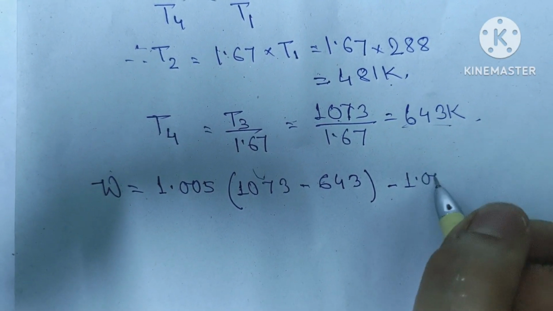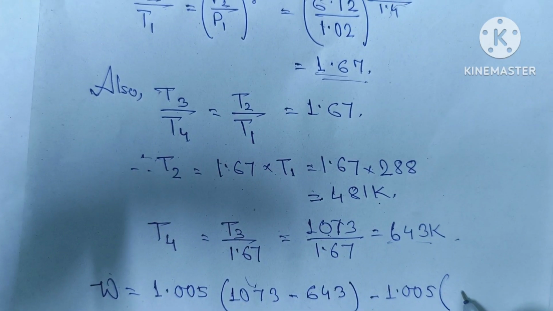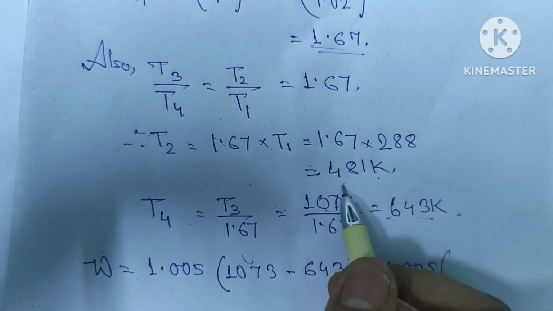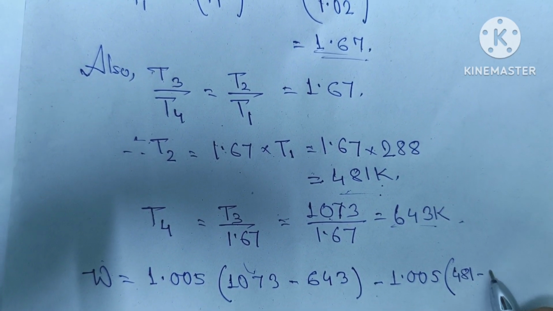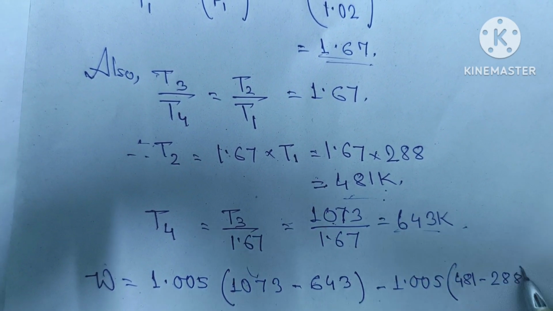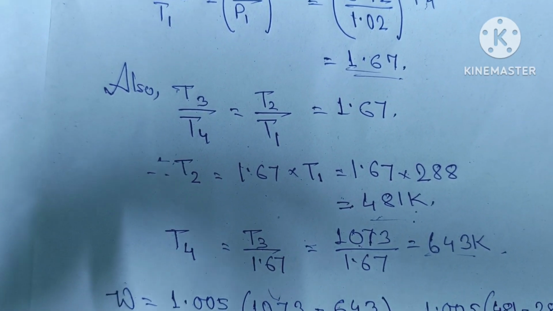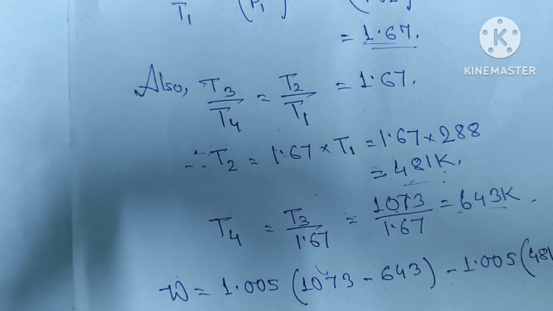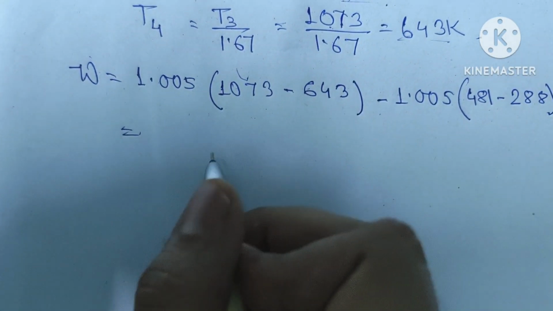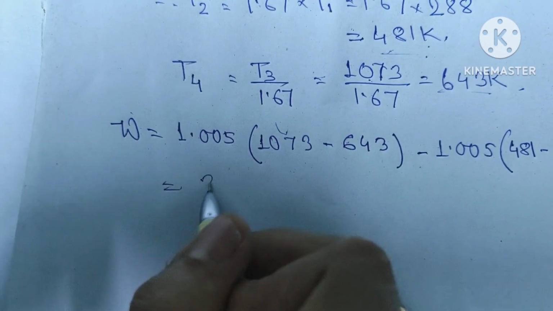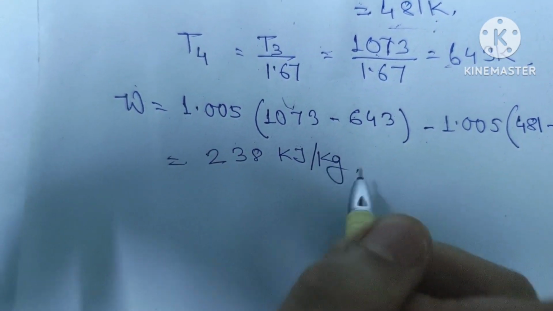So 1.005 into 481, that is the value of T2, and the value of T1 is 288. So if you calculate this, you will get the value of W is 238 kilojoule per kg.